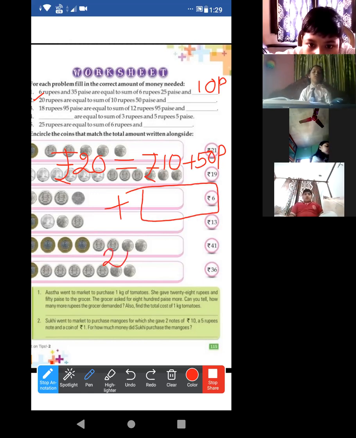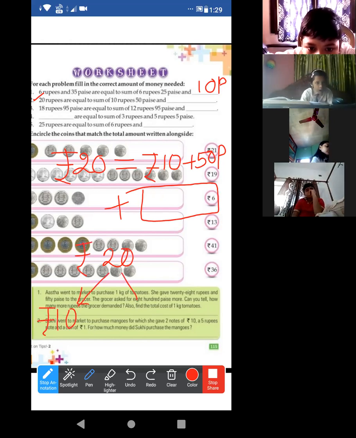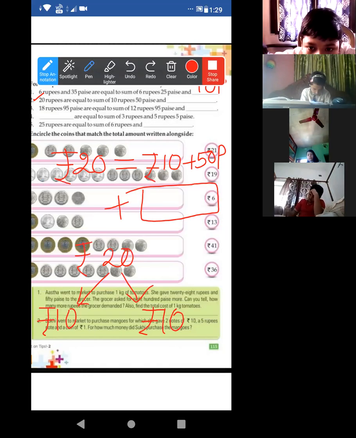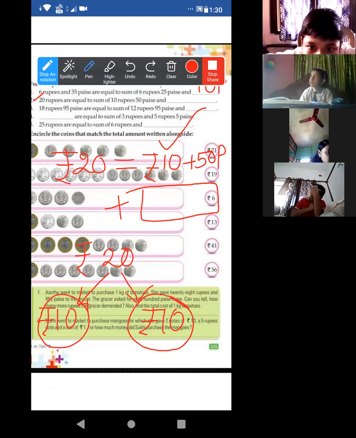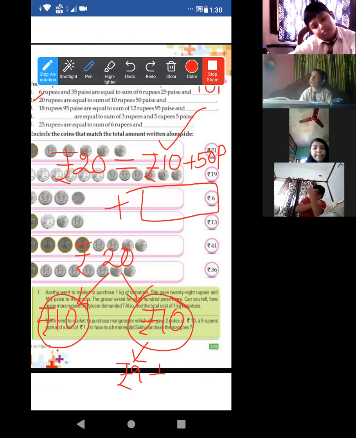Acha, 20 rupees we are dividing it, huh? Here there will be 10 rupees plus 10 rupees. So yes or no? Now for this 10 rupees it is given over there. Now this 10 rupee means, look, 9 rupee plus 1 rupee.